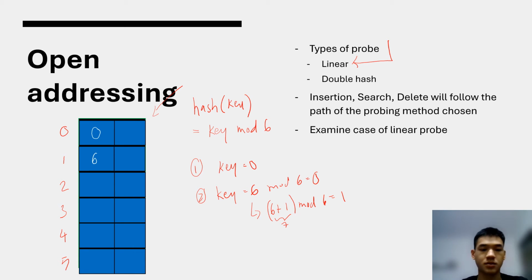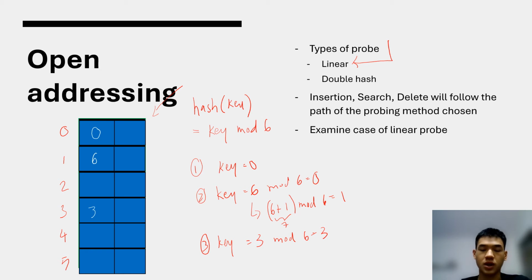And it's seen here. If I were to give you a key 3, and we do the modulo 6, we get 3 also, so key 3 will be mapped to 3. So that is insertion.